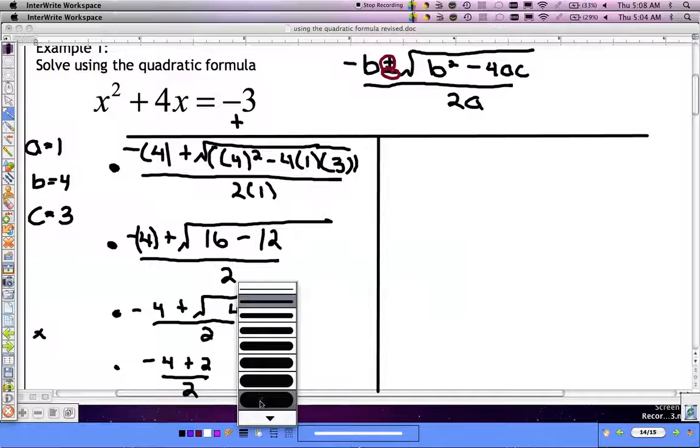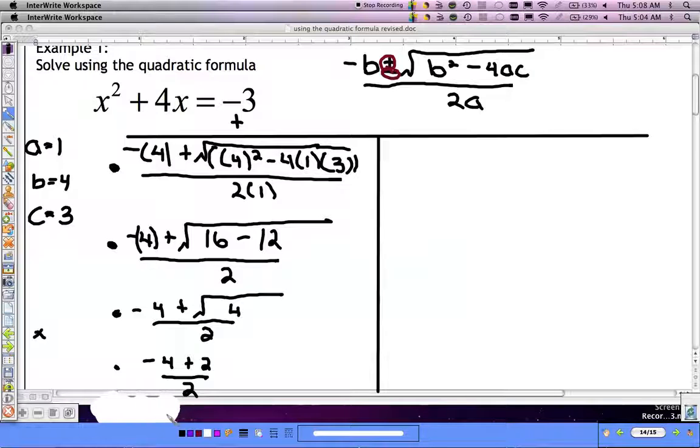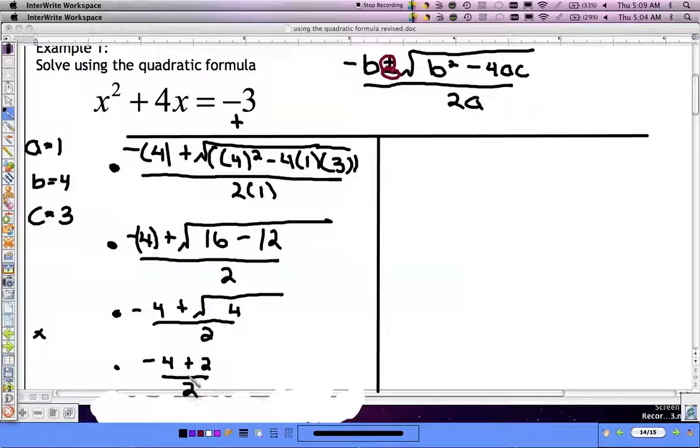And give myself some more white working space here. And then finally, negative 4 plus 2. Actually, I'm going to do this next part right on the side here.